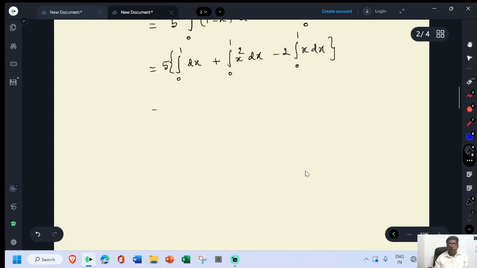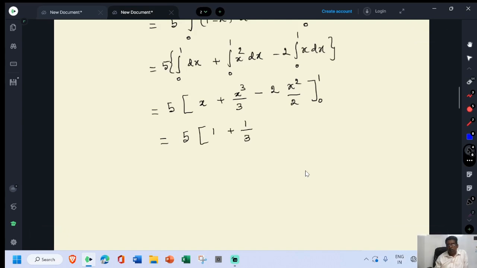This is equal to 5 into integral of dx is x, plus integral of x square dx is x cube by 3, minus 2 into integral x dx is x square by 2, lower limit 0, upper limit 1. This is equal to 5 into, apply the upper limit, instead of x you have to put 1, plus 1 by 3, 1 cube is 1.